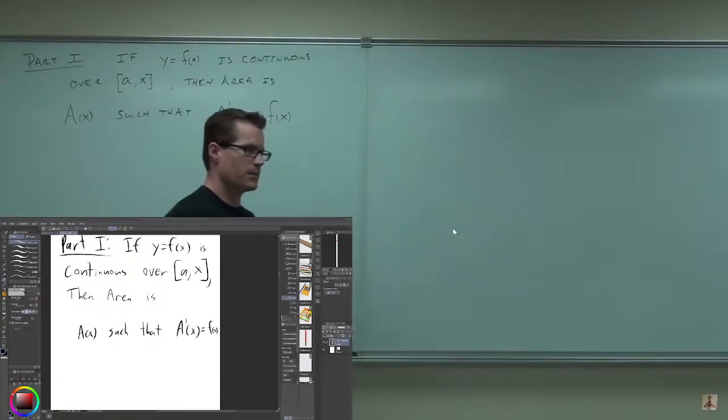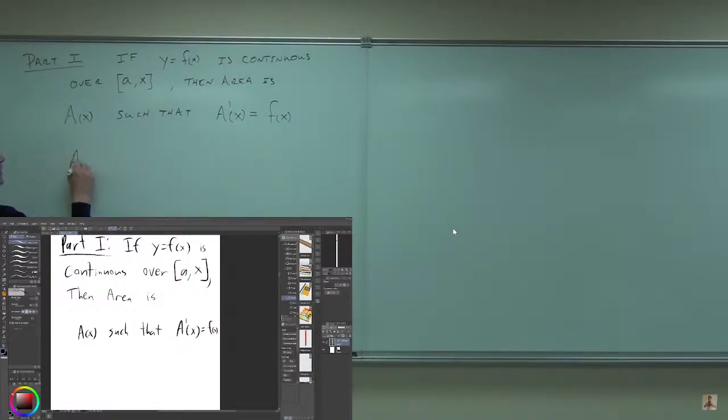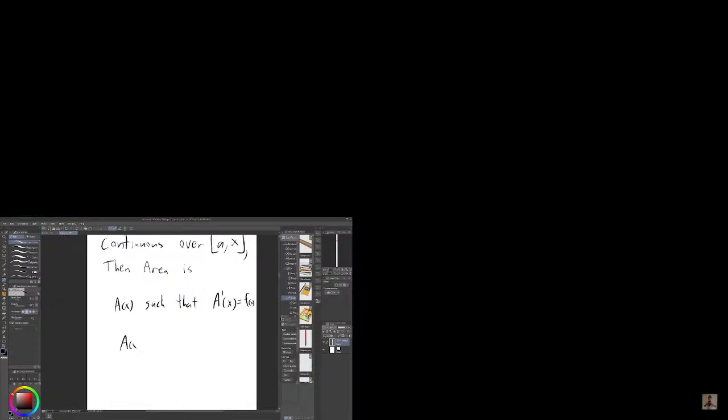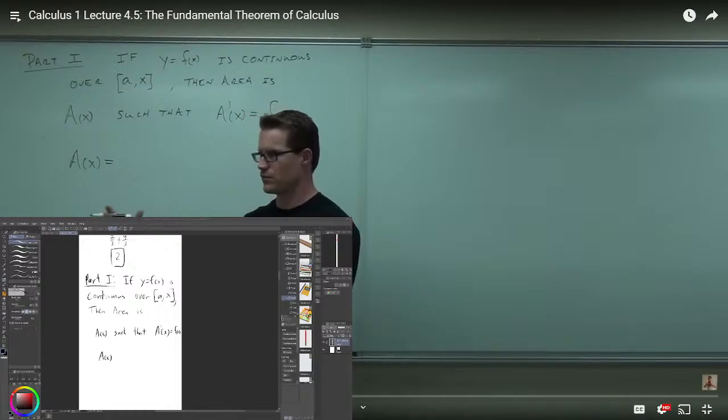Well, I could write that a different way. I could write that also as the area then should be the integral of f of x. We also had that from what we've been studying, right?